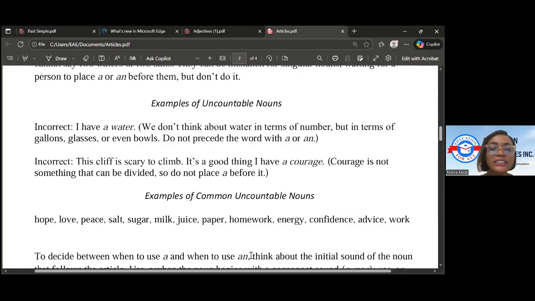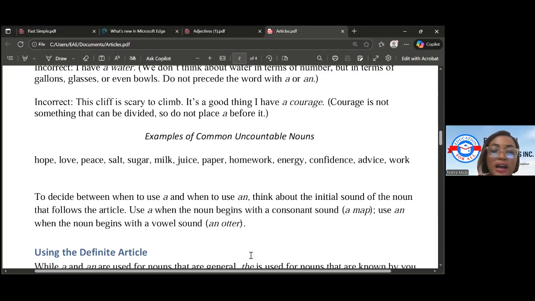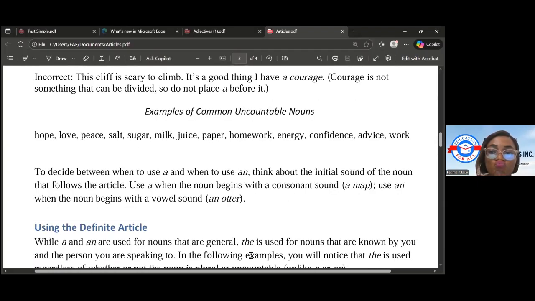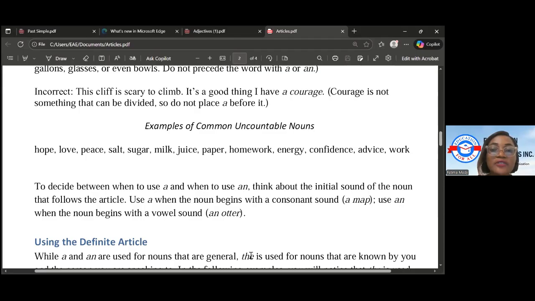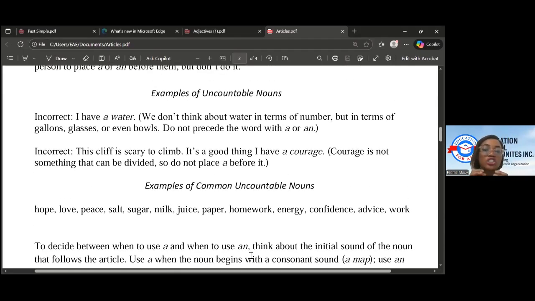So this kind of nouns don't really use articles. They can use articles, but that's in a literary context, which is quite complicated, and I don't want you to get into it right now.